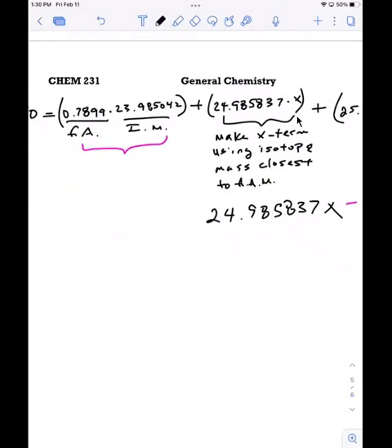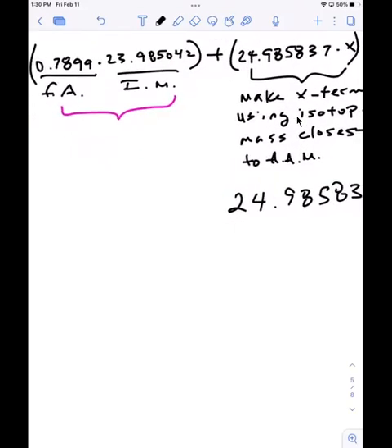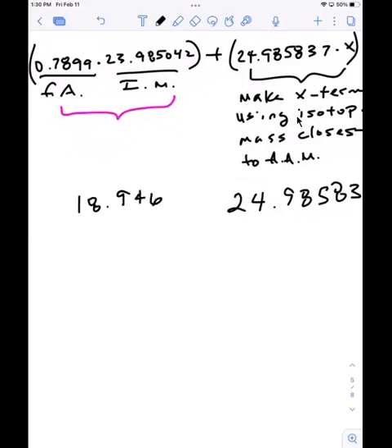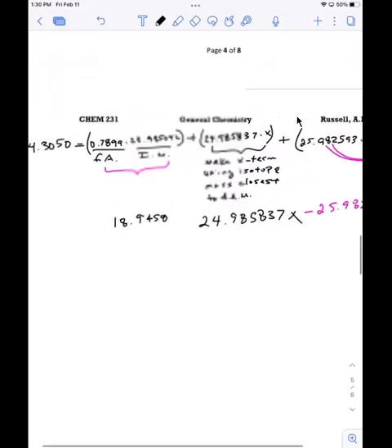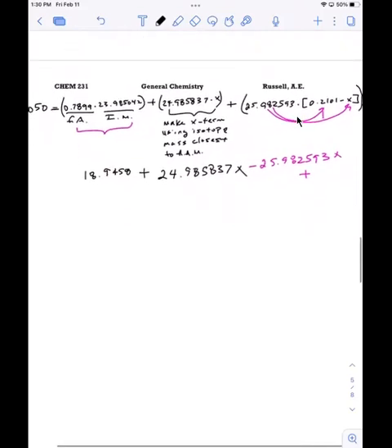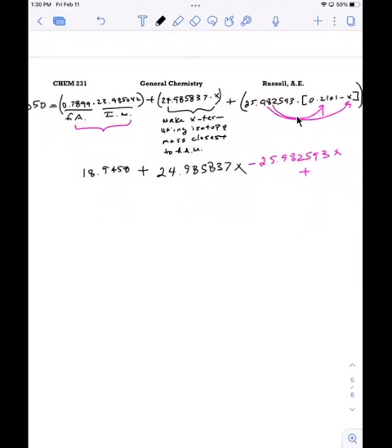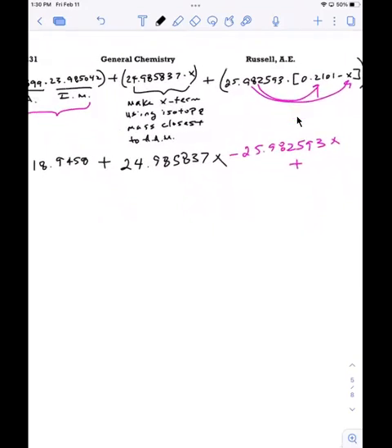I agree with that. I'm going to take it to 6 sig figs, so we're going to say 18.9458. Excellent. What about the second one? And this is plus because this is a sum. What about the other number? Okay, thank you, Brooklyn. 5.459. Good.